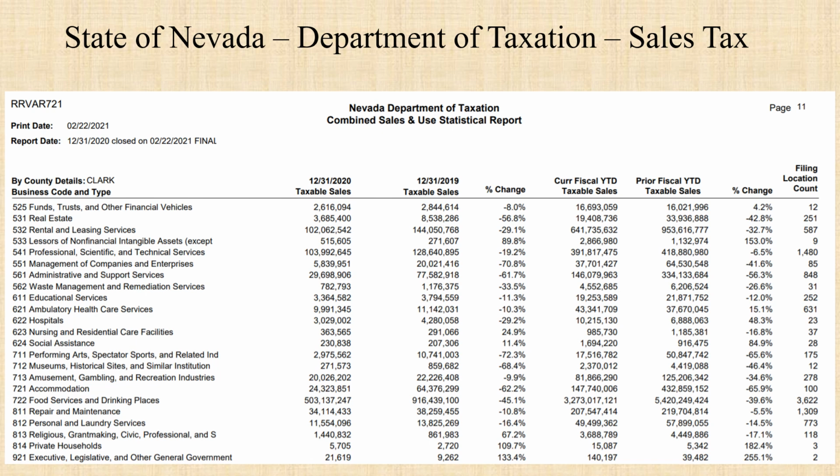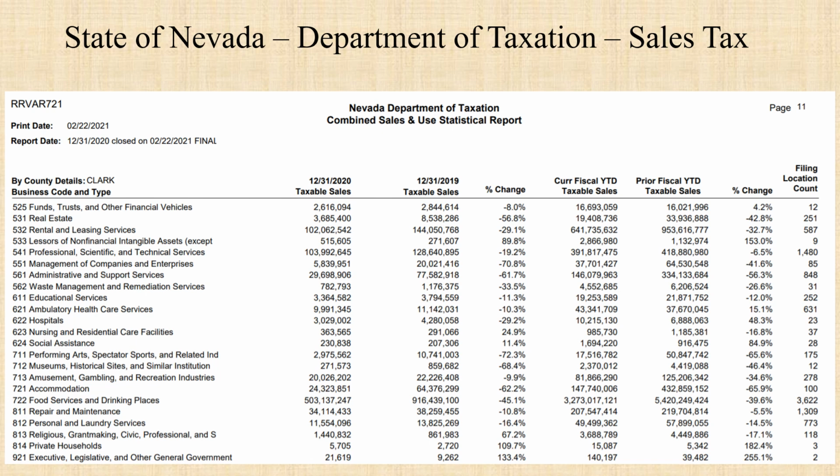This is just one page of the data for Clark County, and this talks about the December taxes, taxable sales for Nevada. And you'll note that they have all this information in here, and it shows the taxable sales for this past year and then the year previous, and so it gives you a sense of the percentage of change.